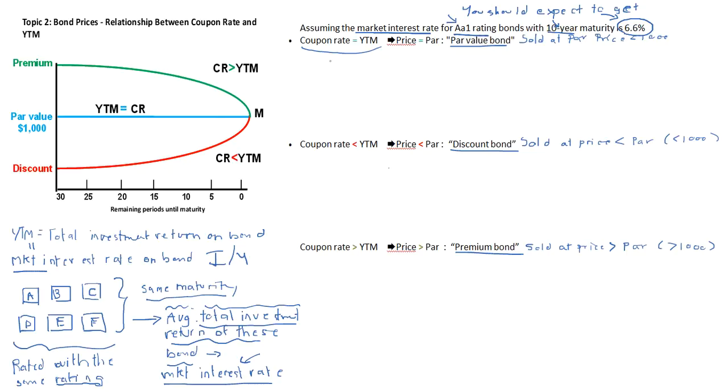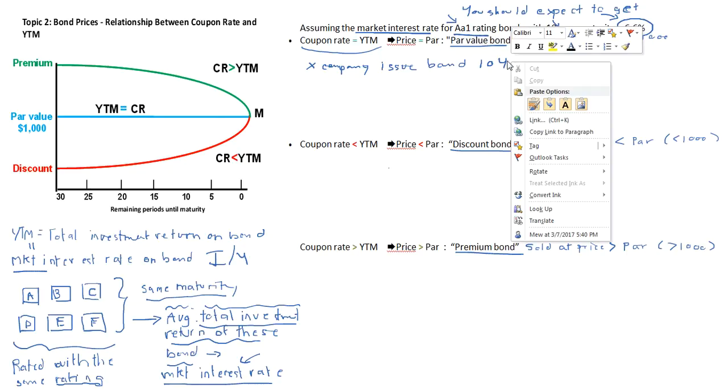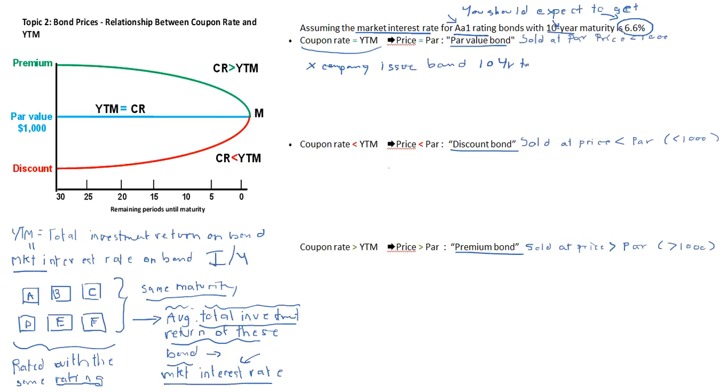Okay, so first situation, okay, let's start with X company. Issue bond 10-year to maturity with coupon rate 6.6%.